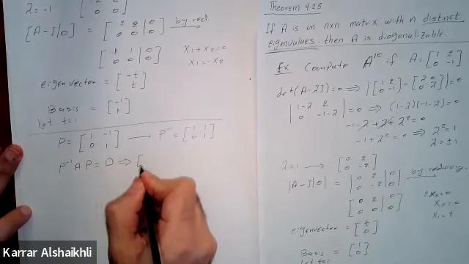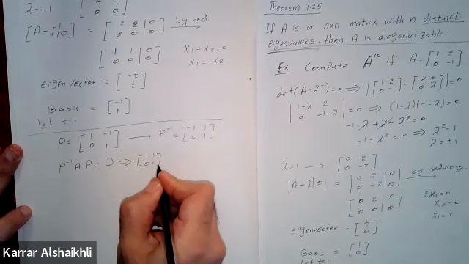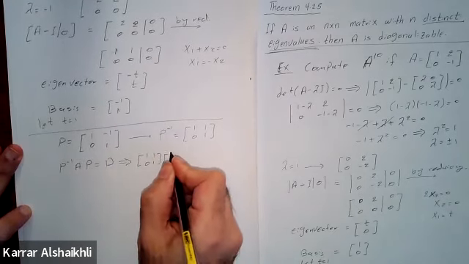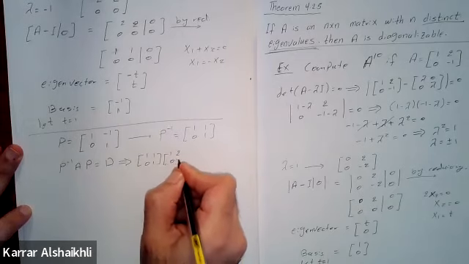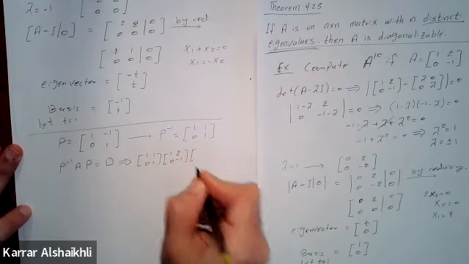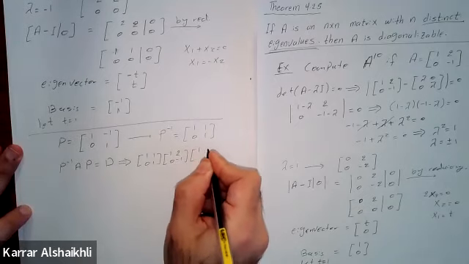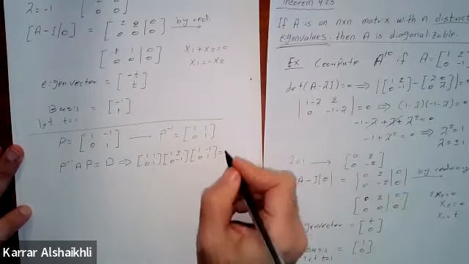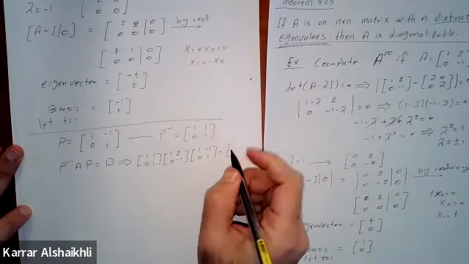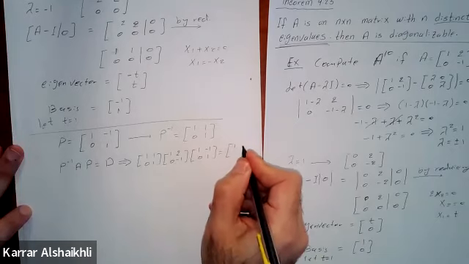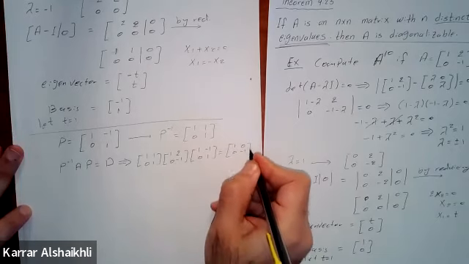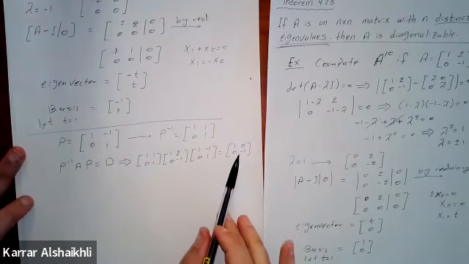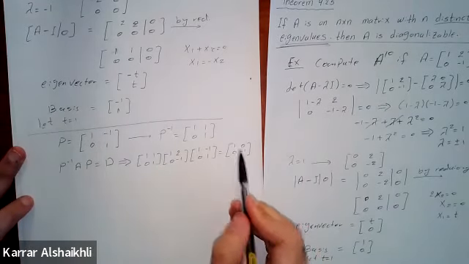That's the P inverse, which is 1, 1, 0, 1, times the matrix A, 1, 2, 0, negative 1, times P, which is 1, negative 1, 0, 1, and that is going to be equal to the matrix D, 1, 0, 0, negative 1. You can check that. You see the matrix D? Here are the eigenvalues.